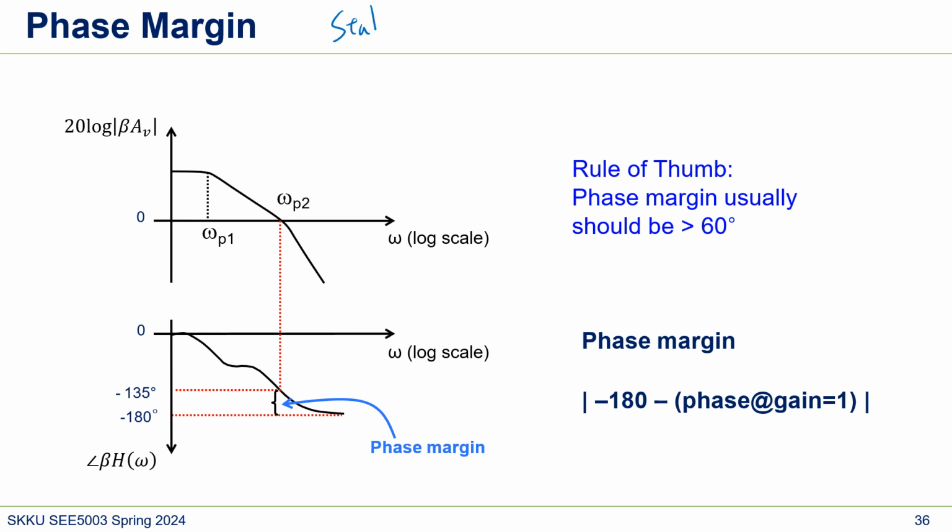To make a system stable, we want to say that at 360 degrees phase shift, the gain, well actually the loop gain, should be smaller than 1, right? That's our condition. So let's see this Bode plot, the gain plot. You see that this is the loop gain, right?